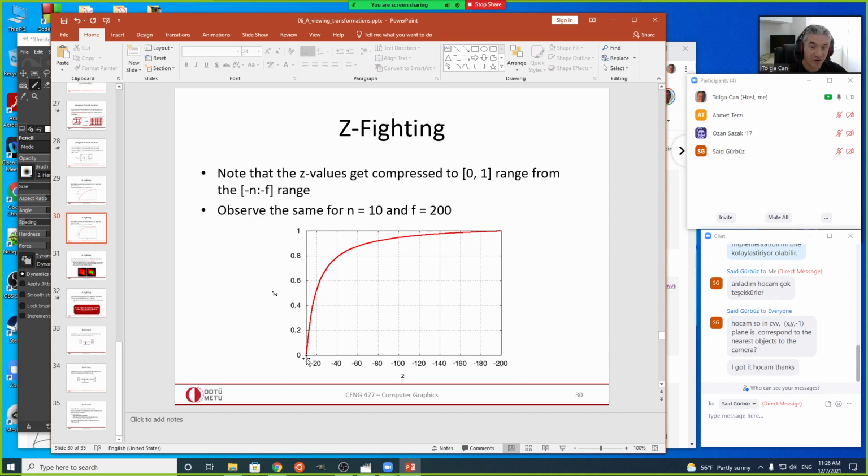If you are at z is equal to -10, your depth becomes 0. If you were at z is equal to -200, your depth is going to become 1.